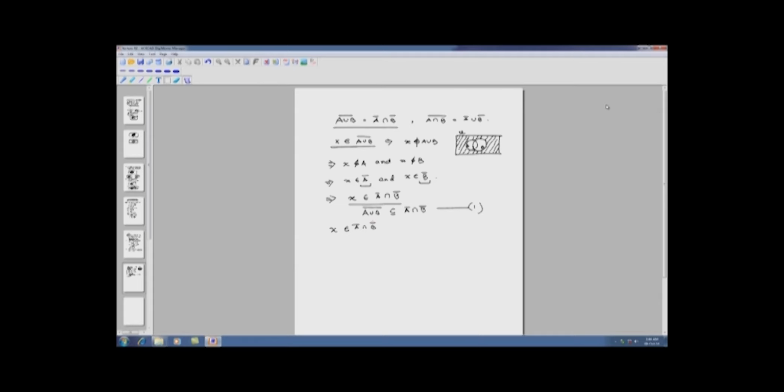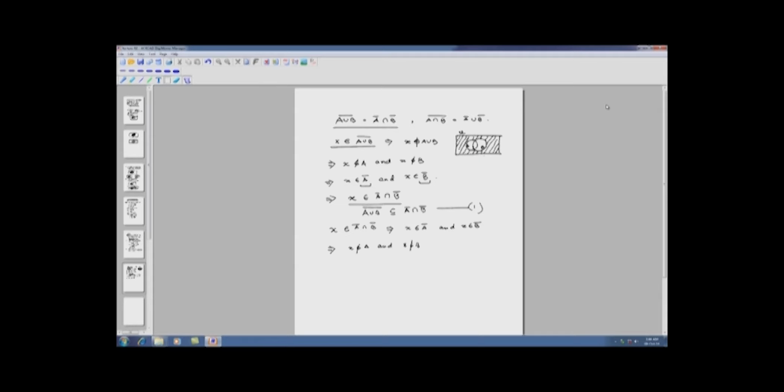Suppose this happens, then this implies that x is an element of A complement and x is an element of B complement. This means x is not in A and x is not in B. Now, we again refer back to the Venn diagram that I have drawn a while back.